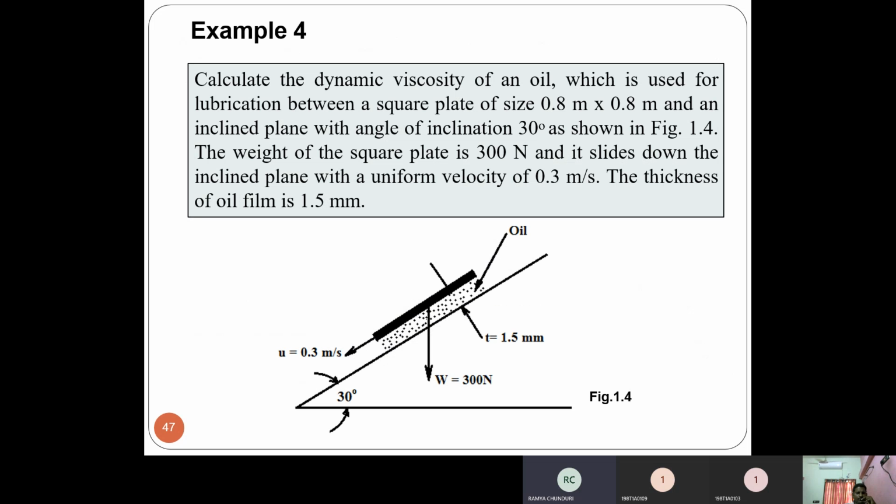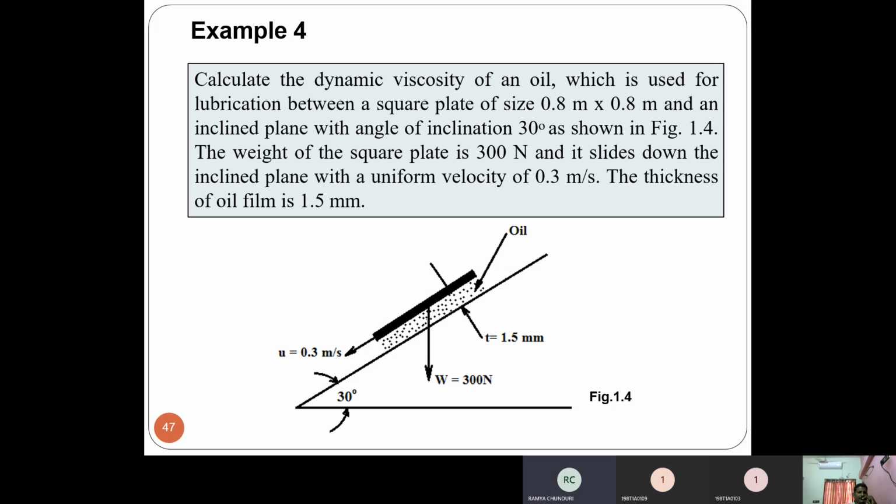And one more problem is given. Let us see the problem statement: calculate the dynamic viscosity of an oil which is used for lubrication between a square plate of size 0.8 meter into 0.8 meter and an inclined plane with an angle of inclination 30 degrees, as shown in the figure.